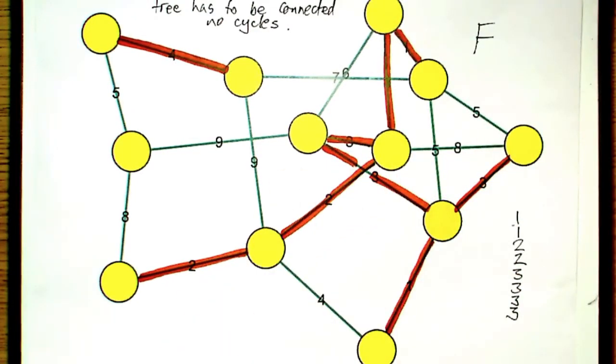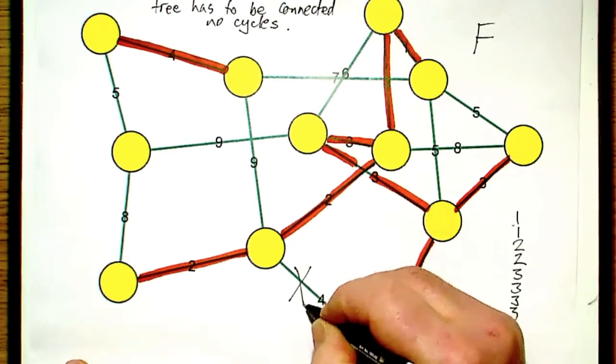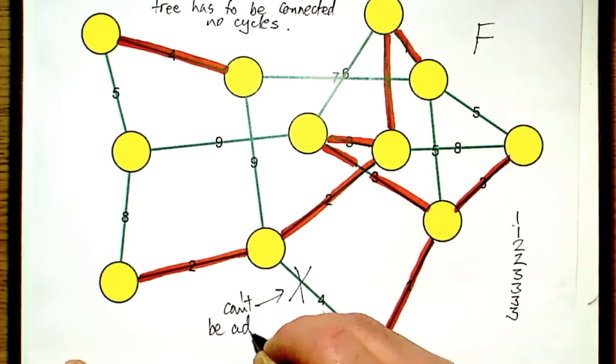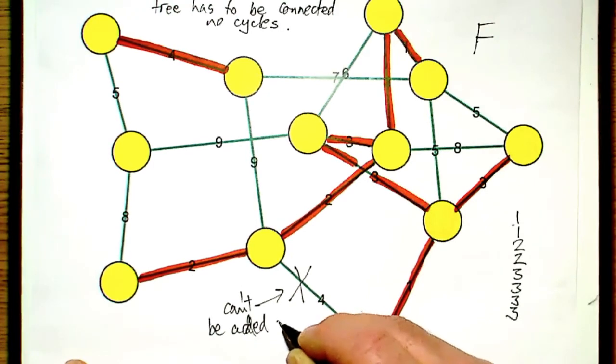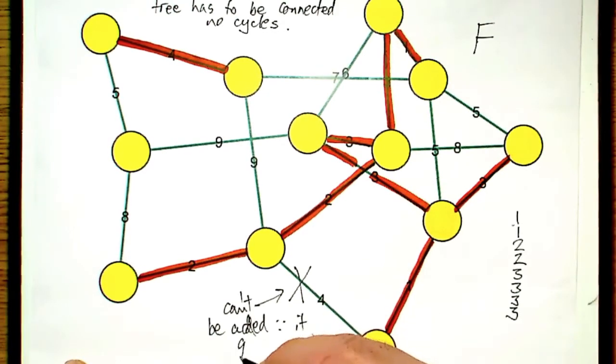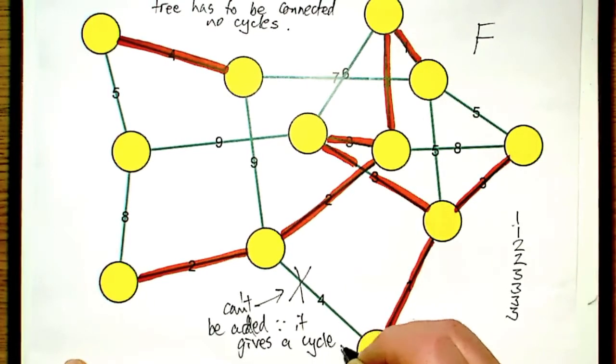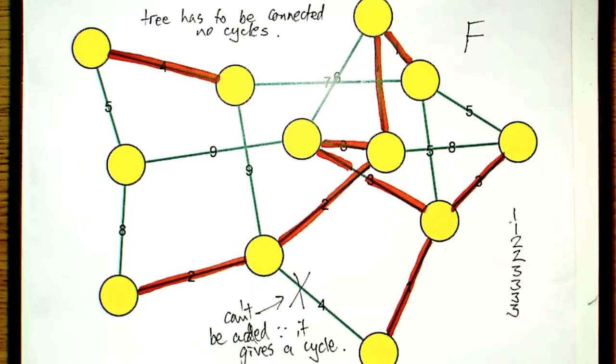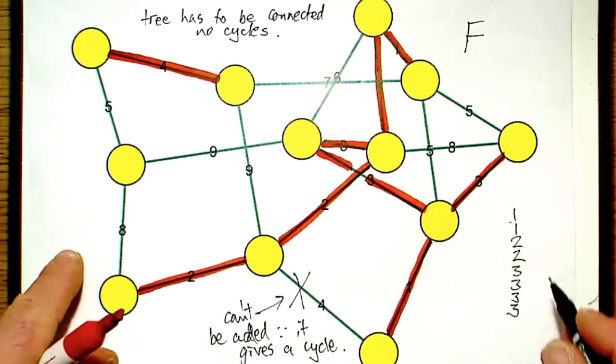So that edge can't be added because it gives a cycle. Don't care what sort of cycle. Is that clear? We just discard that and see if there are any other 4s left, which I don't think there are, so I only added one 4.